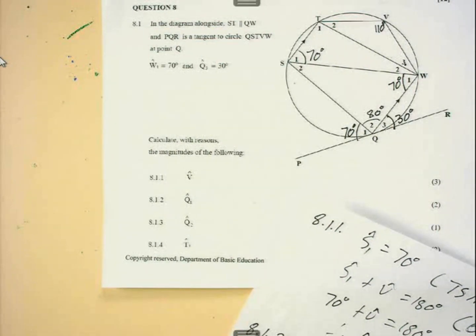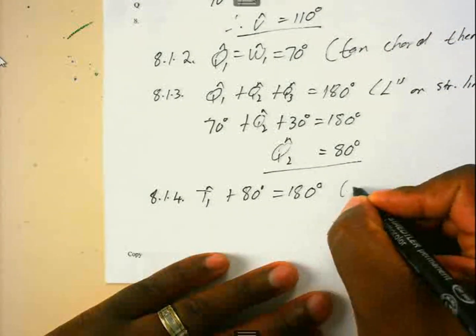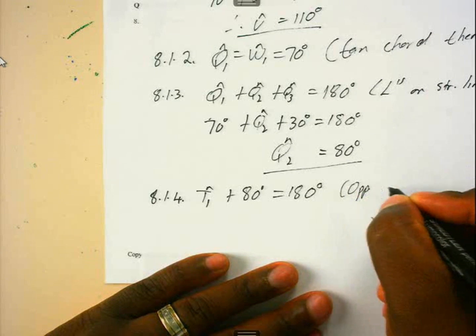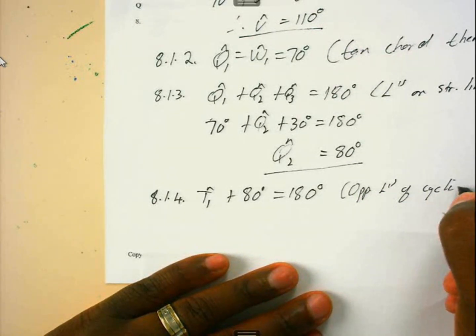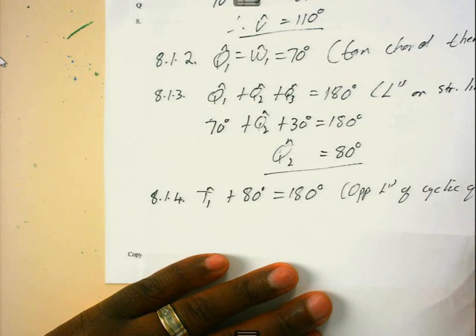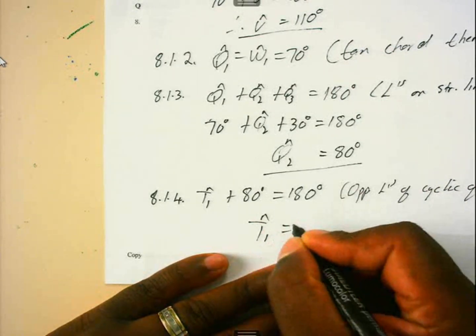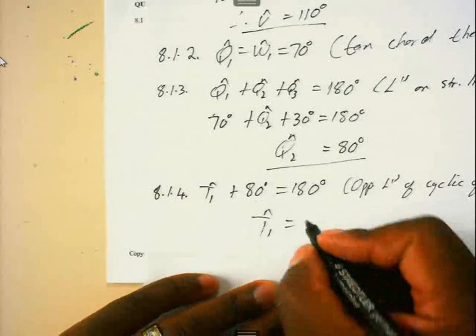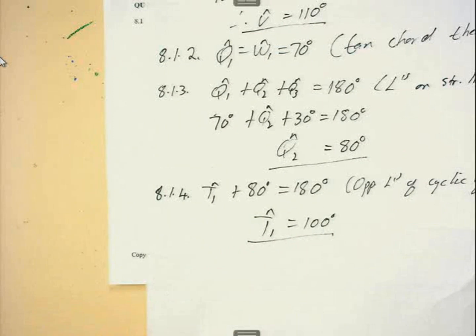Those are the opposite angles of a cyclic quad. Let's write the reason: opposite angles of cyclic quad. Now we can solve T1. Therefore, T1 will be equal to 180 degrees minus 80, which gives you 100 degrees.